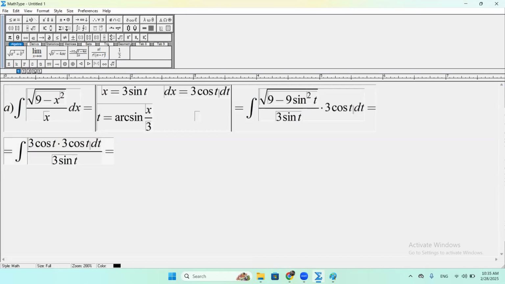Let's move 3 out of the integral sign and divide this expression.